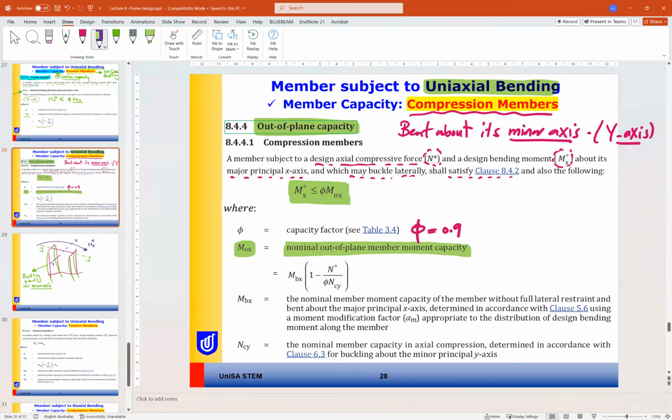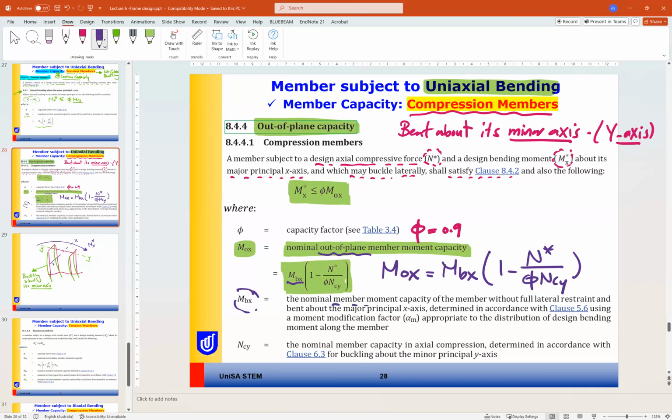This is calculated using the formula Mbx multiplied by (1 minus N* divided by phi Ncy). So Mox, O for out of plane, equals Mbx times (1 minus N* divided by phi Ncy).